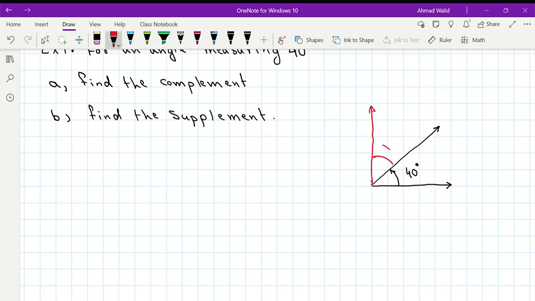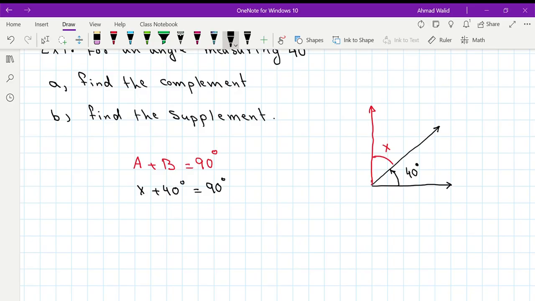Let's name it, for example, X. They are asking you to find the complement, meaning the other angle. How much is the measure of this angle? Based on my definition, A plus B equals 90 degrees. I call it complementary, correct? Then here I can say X plus 40 degrees equals 90 degrees.